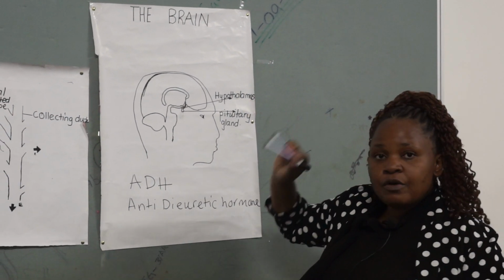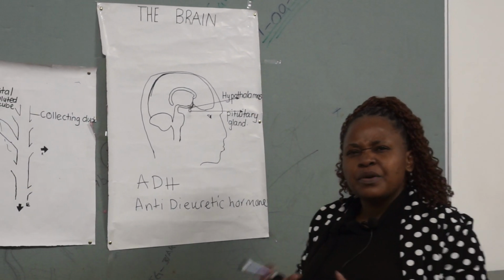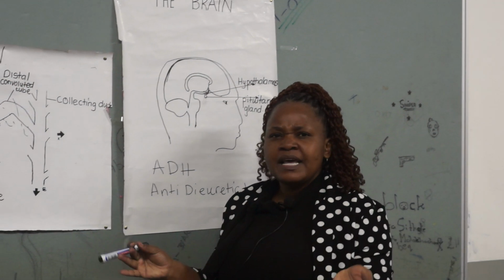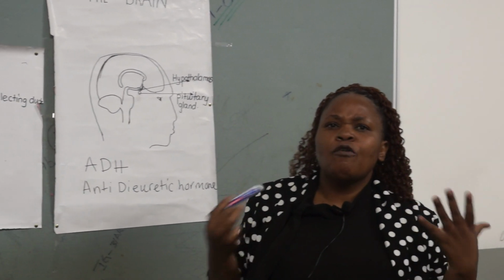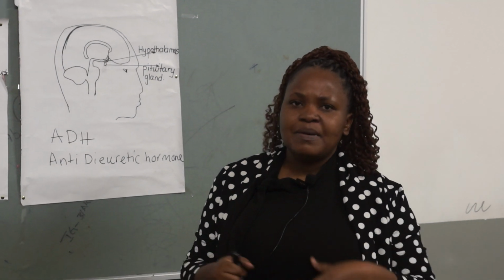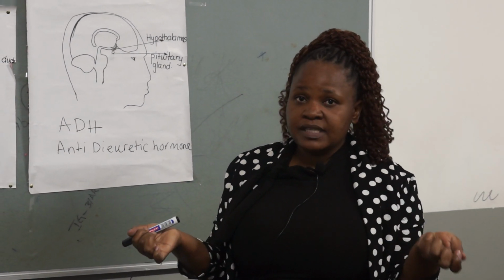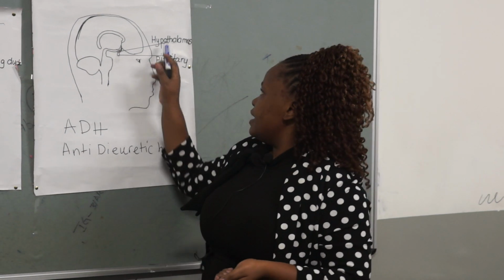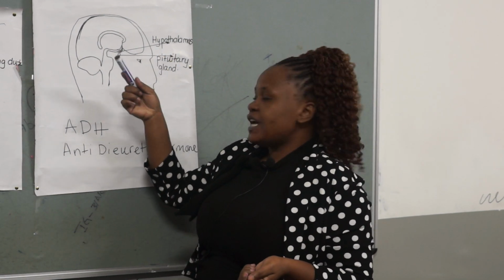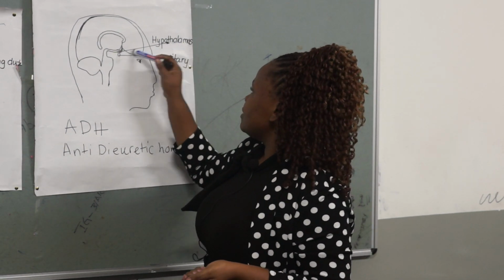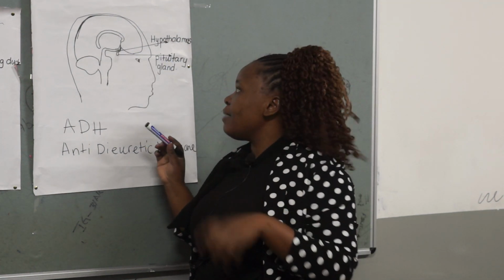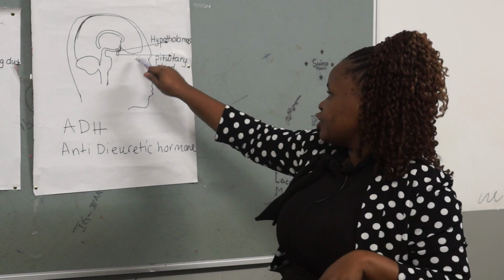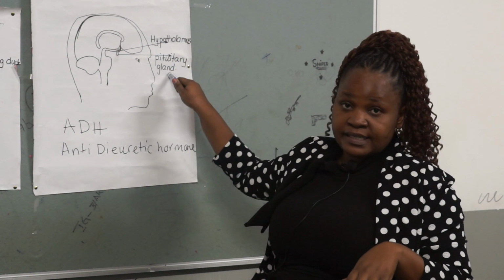Once they detect that there is too much water or the blood is too dilute, maybe because you have drunk a lot of water throughout the day, the osmoreceptors identify the anomaly, then they will send the message to the what? To the pituitary gland, right?